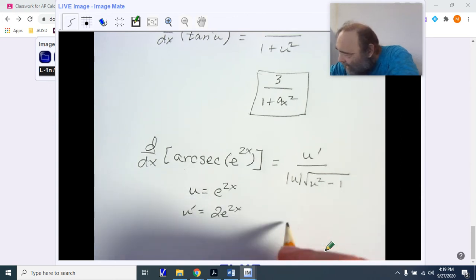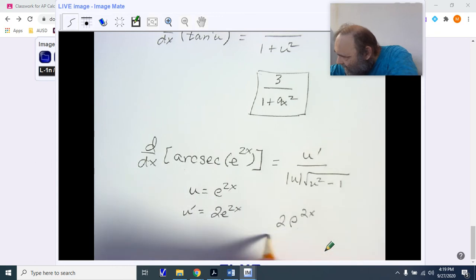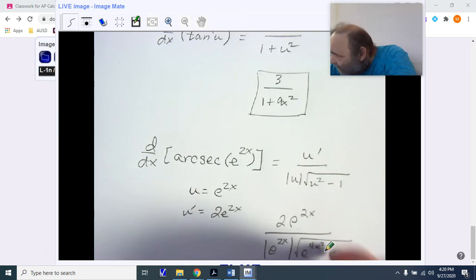I will end up with 2e to the 2x divided by e to the 2x absolute value square root e to the 4x squared, e to the 4x.